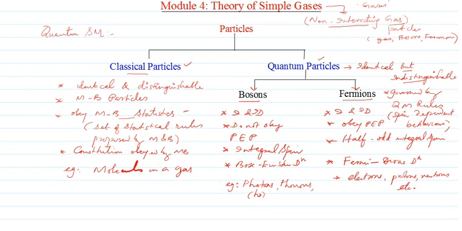That is our ultimate aim, by considering all particles, whether classical particles or quantum particles like bosons and fermions, as non-interacting particle systems, or ideal gases, or simple gases. We are going to develop the three statistical distributions. We will do that in the next lecture.